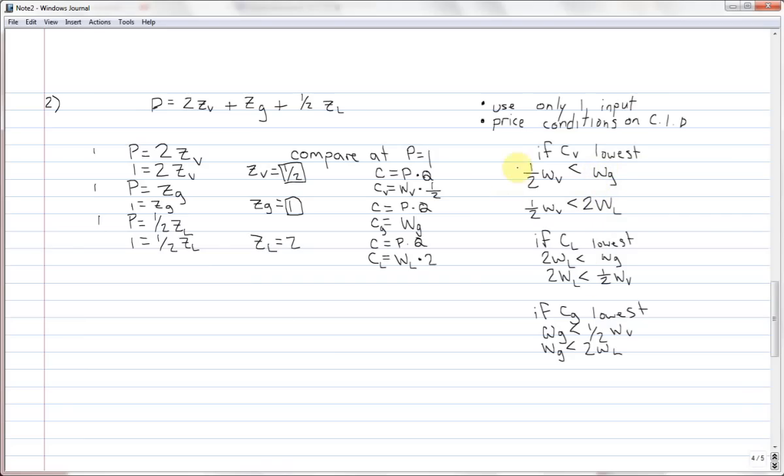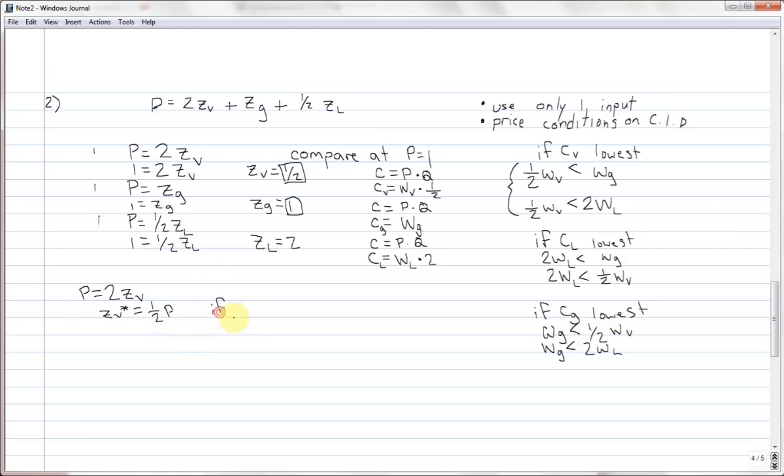Okay, so these are my conditions for using a given input, right? So if CV is the lowest, then I'm going to use vegetables only. So if I'm using vegetables only, then P equals 2ZV. So ZV star must equal 1 over 2 P, right?